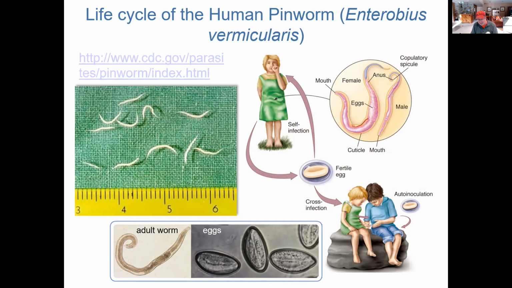But again, it's not something that's going to kill your child or kill you. It's just one of those things, kind of like lice, I guess, that rears its ugly head once in a while. But there are certain drugs that can be prescribed that will kill these particular roundworms.